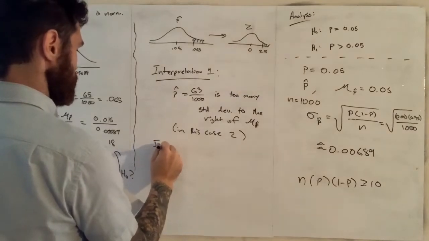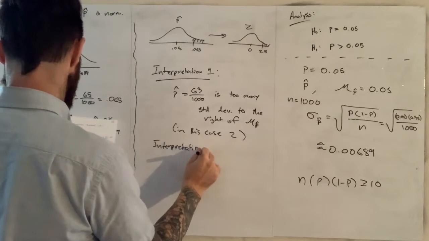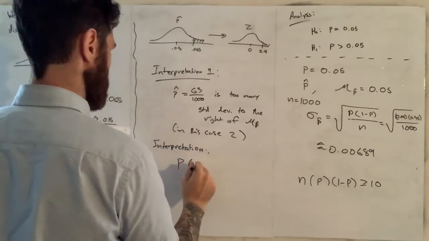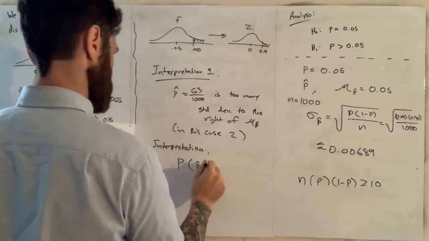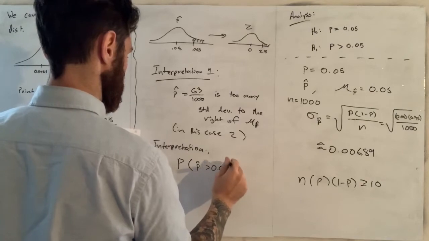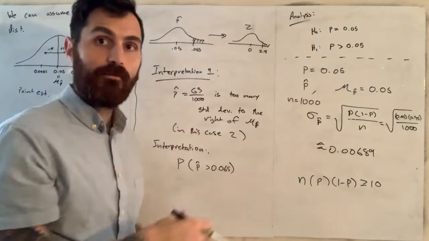The other interpretation is you can figure out, well, what's the probability that our sample proportion is actually going to be that value or above.